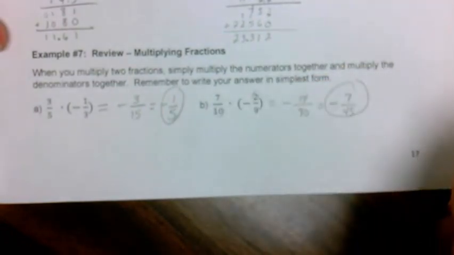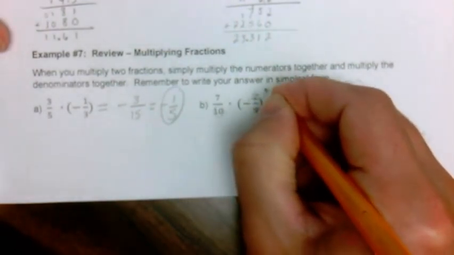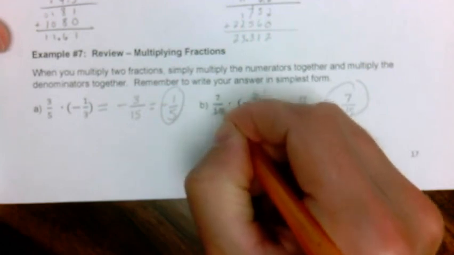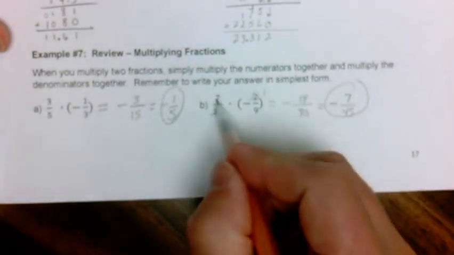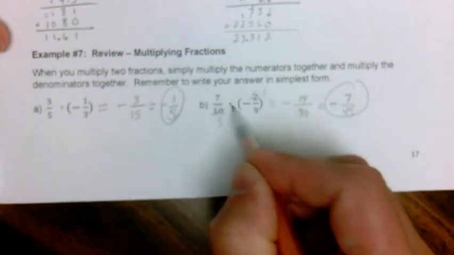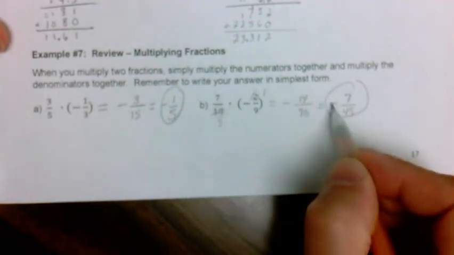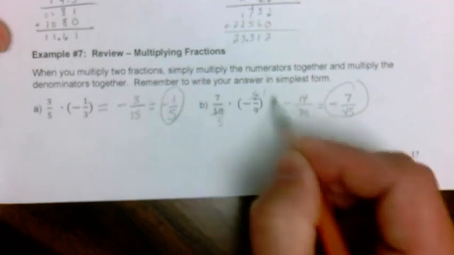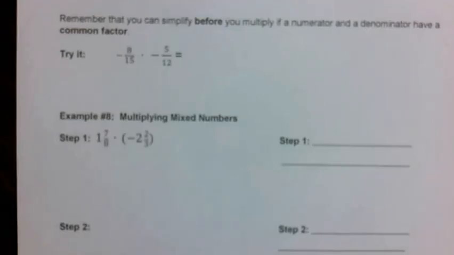So both of those numbers could be divided by 2. 2 divided by itself is 1. 10 divided by 2 is 5. And now if I were to do the multiplication, 7 times 1, there's my 7. 5 times 9, there's my 45. And positive times negative is negative. So you can simplify early if you have any numerator and any denominator that have a common factor.